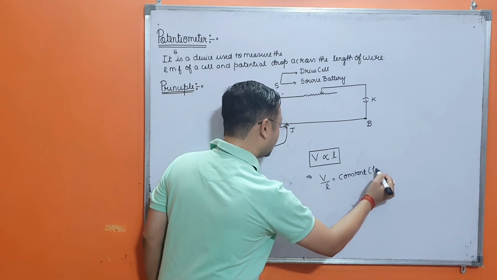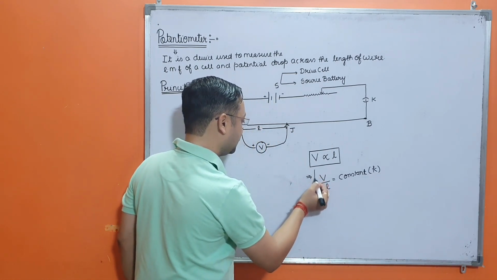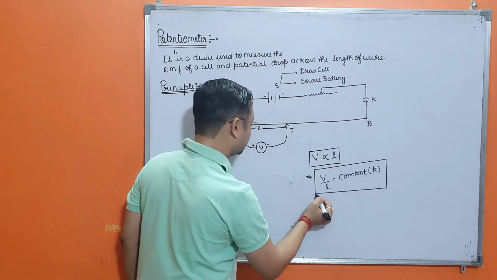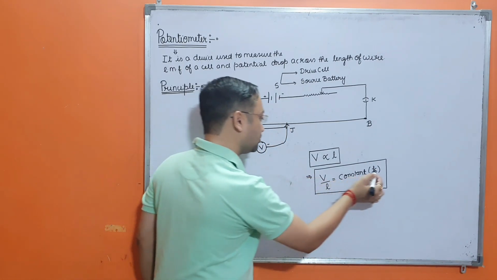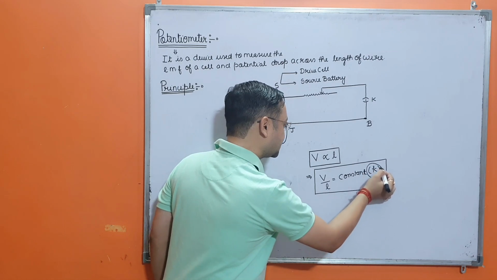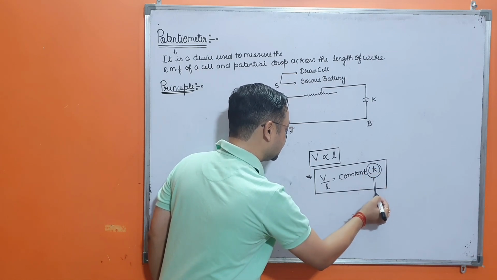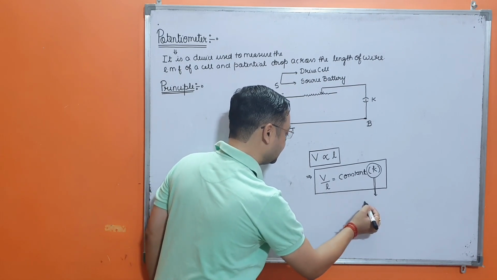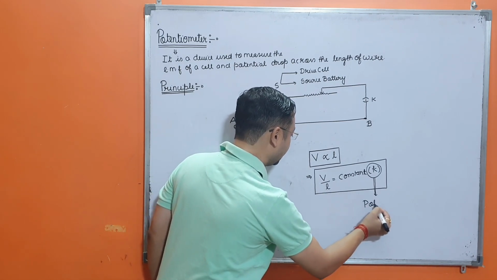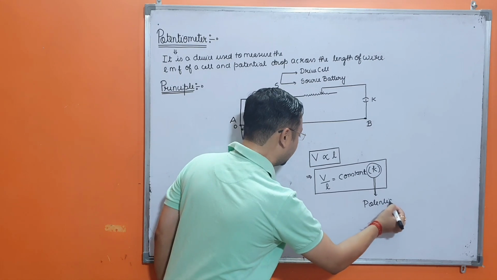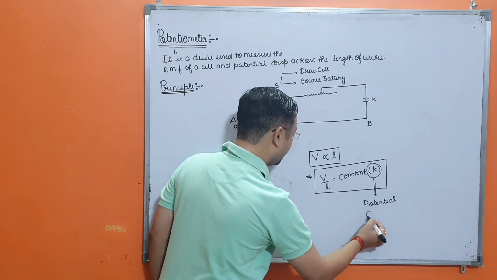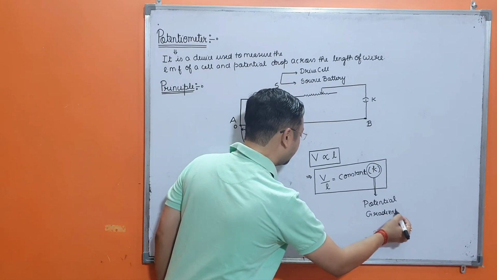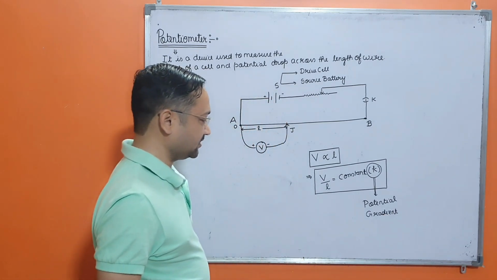This constant K is the potential per unit length, and it is named the potential gradient.